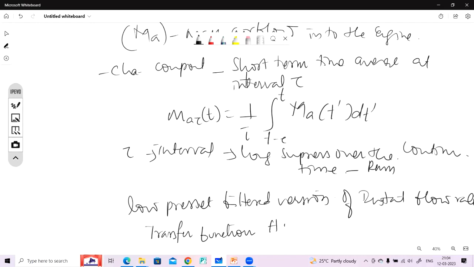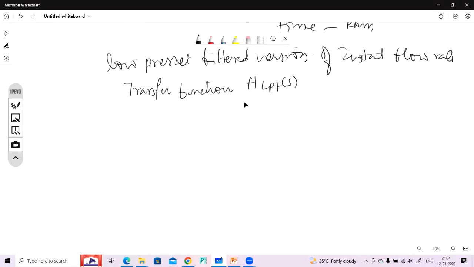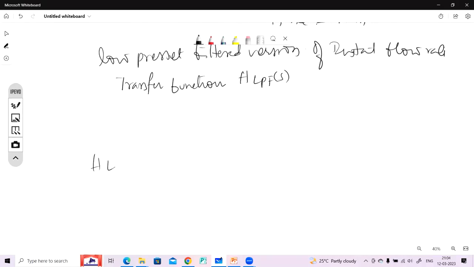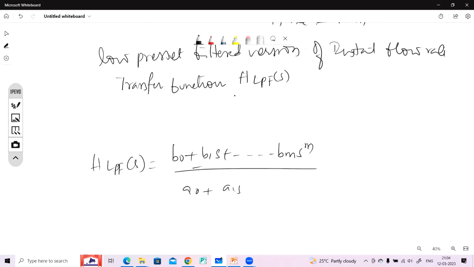That is H of LPF of S is equal to B naught plus B1 S plus up to Bm S to the M, divided by A naught plus A1 S plus up to AN S to the N, where the coefficients determine the response characteristics of the filter, and the filter bandwidth effectively selects the equivalent time interval over which the mass airflow is measured with respect to the average.